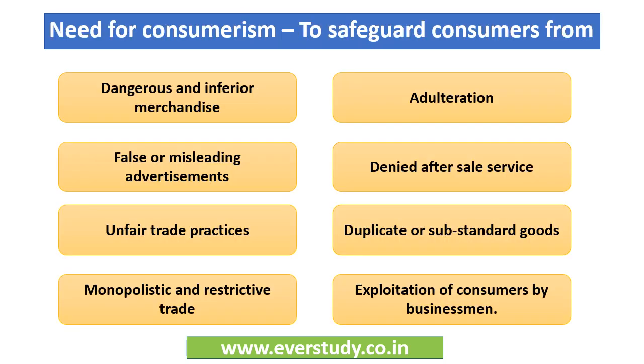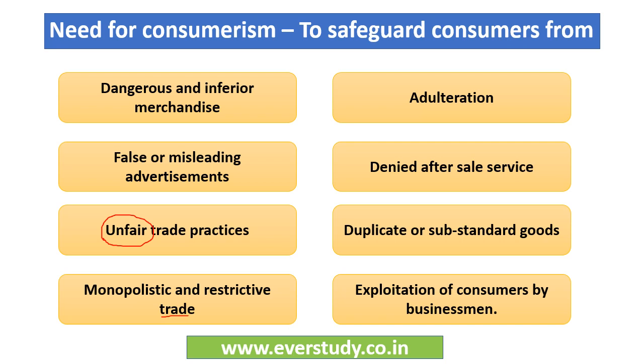Now let's talk about the need for consumerism. Why did we need consumerism? Why did we need to promote consumers so that they should be more aware and assertive about their different sets of rights? This was required because it was needed to safeguard consumers from dangerous and inferior sorts of goods in the market, the misleading advertisements, and unfair trade practices from the consumers' perspective, monopolistic and restrictive trade.